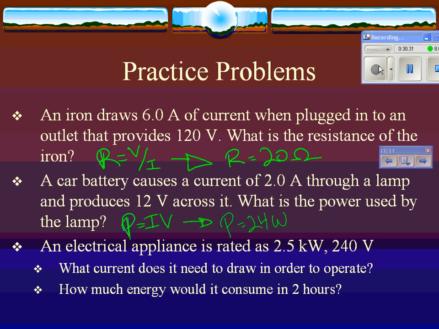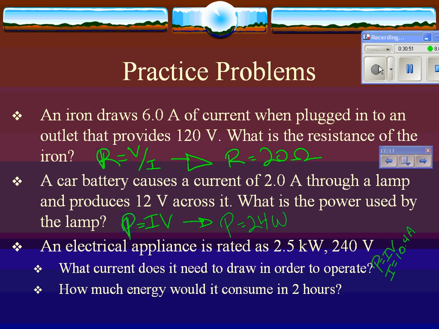Tell me the equation you're using. P equals IV? Yeah. Okay. P equals IV, and what do you get? 10.4 what? Everybody in agreement there? 10.4 amps? And then how do you do the last one?